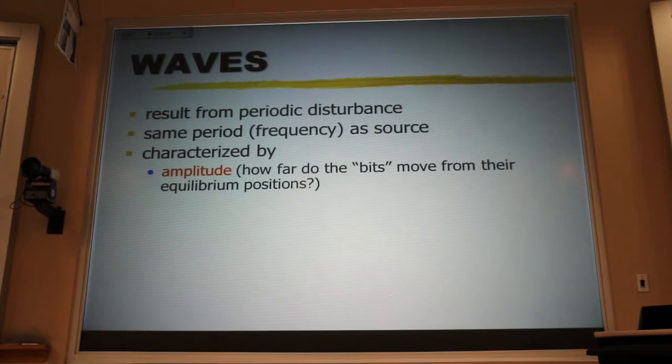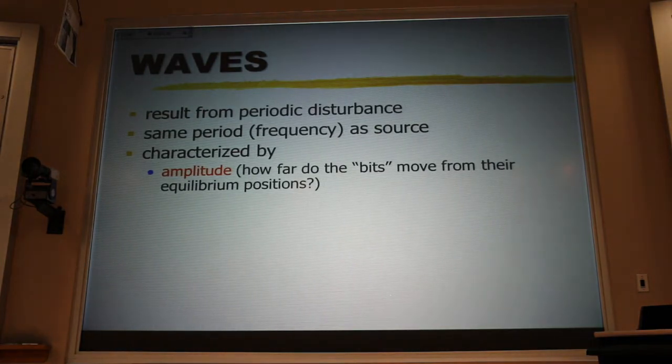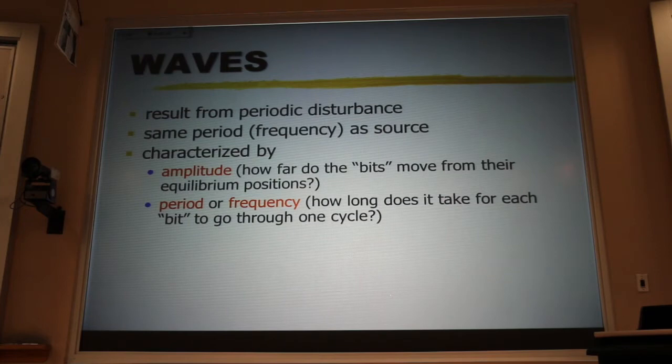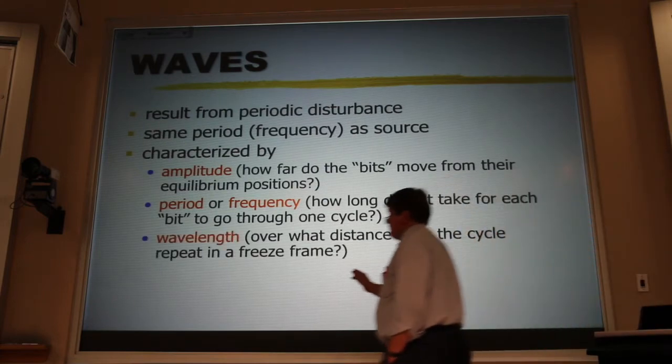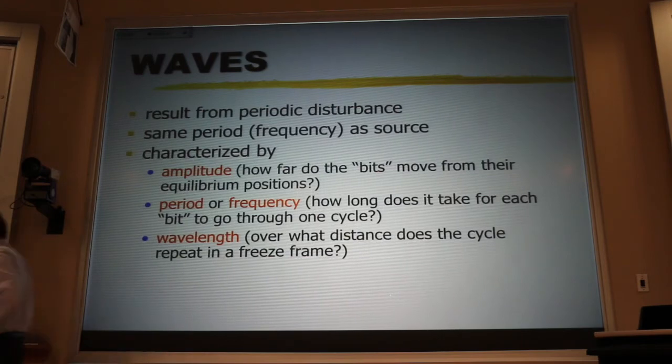Now we can talk about the amplitude of each pulse, how far the medium that's carrying the wave gets away from equilibrium. We can talk about the timing, the period or the frequency, and this is just the same as in simple harmonic motion. This is the new piece, the wavelength.